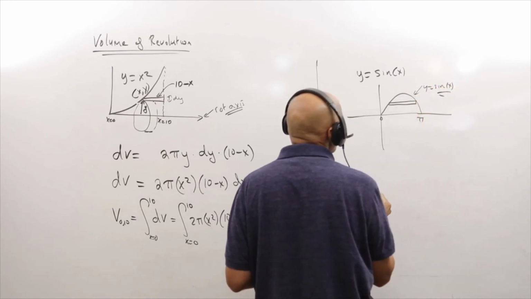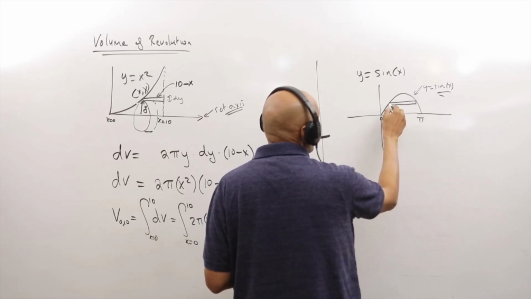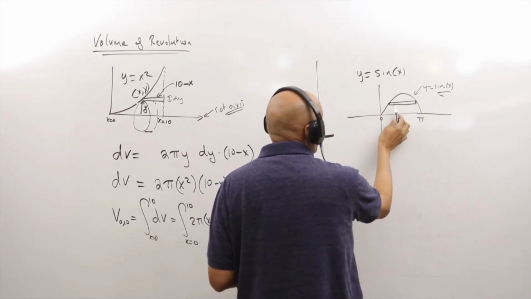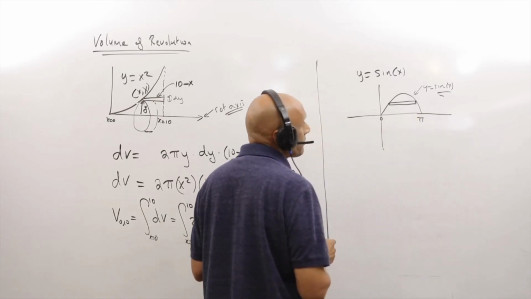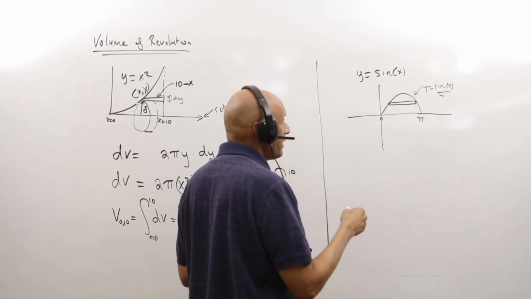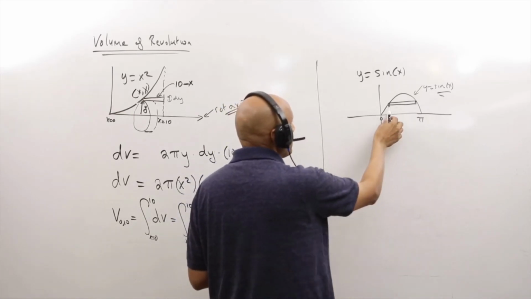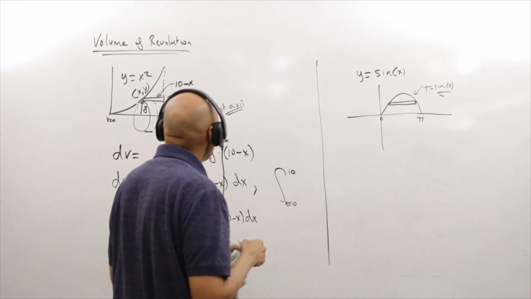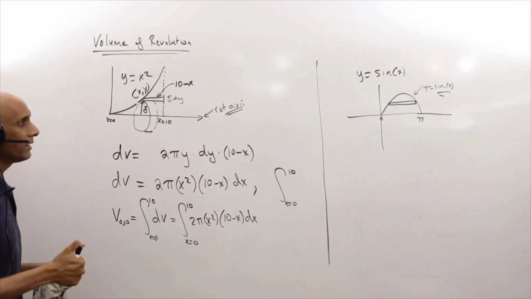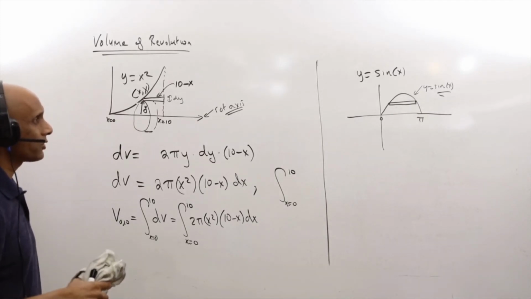It's a little more work because, for the length of this curve, you have to take a point from here to here, and that thickness is a little more work to do. You'd have to calculate the arc sine of y to calculate the values of x that you need to find this distance. Because of that, the shell method is something you tend to use based on the function that you're working with.